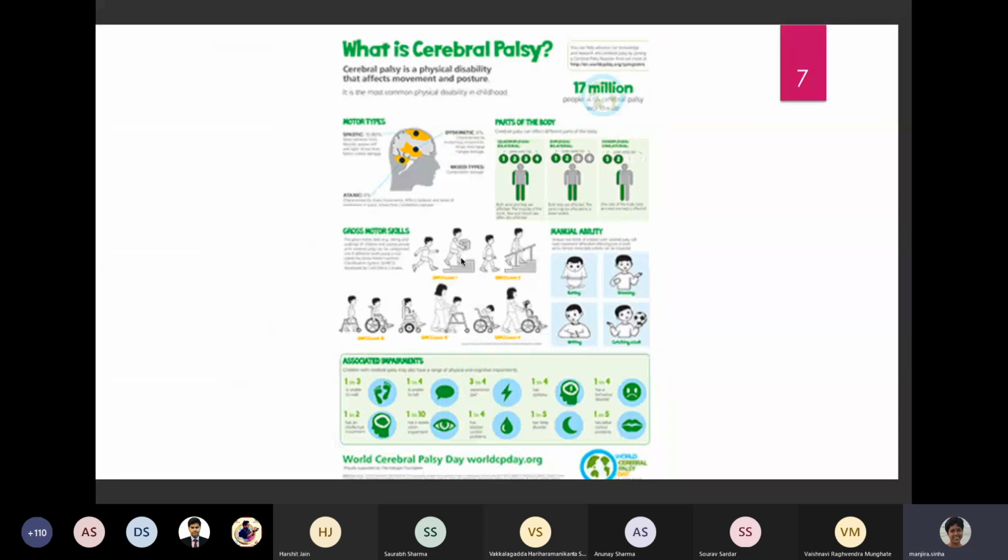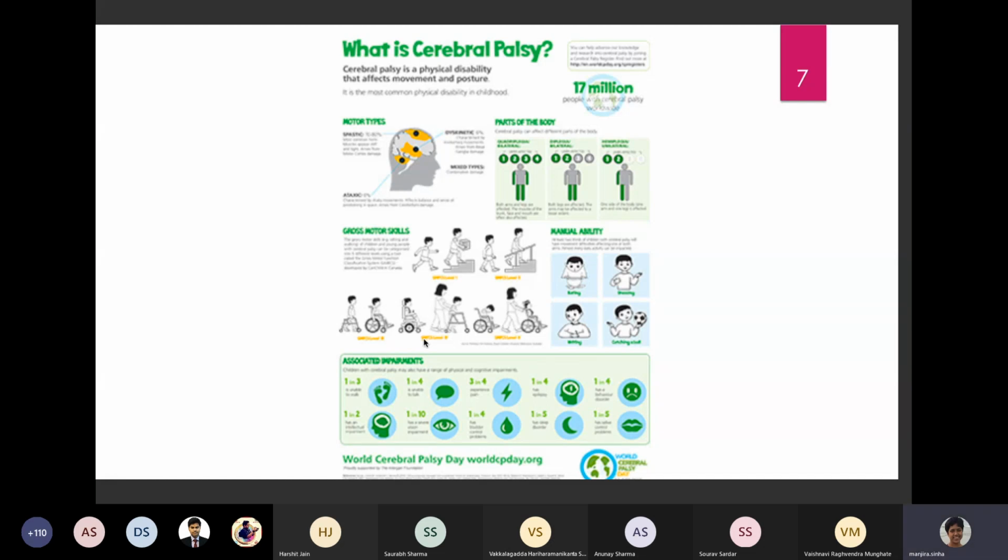So in the first level, the person with cerebral palsy can climb the stairs without any help. In the second level, help like a guard railing is needed to climb a staircase. At the third level, either the person is not able to walk independently without a walker, or they can use a simple wheelchair.